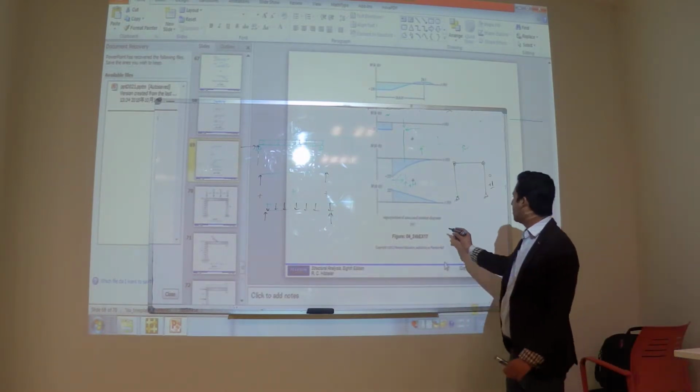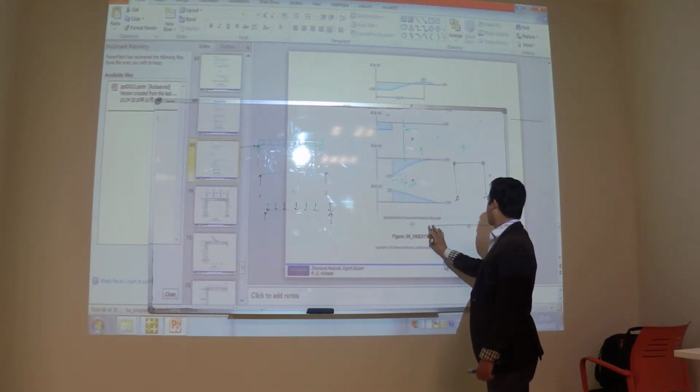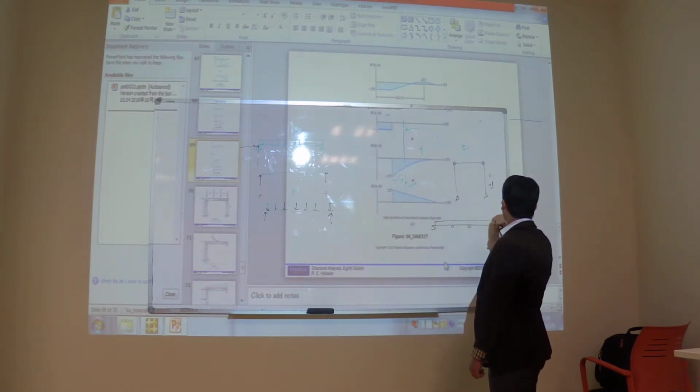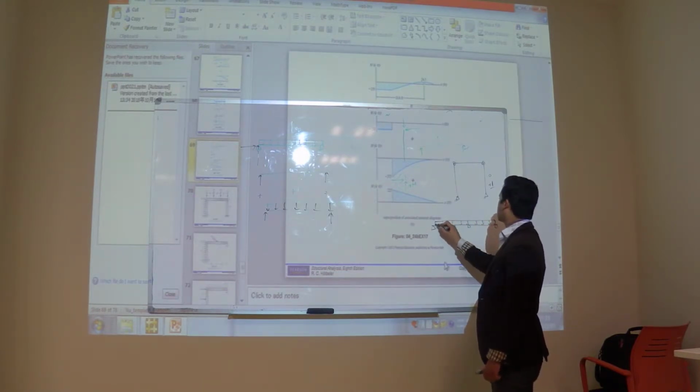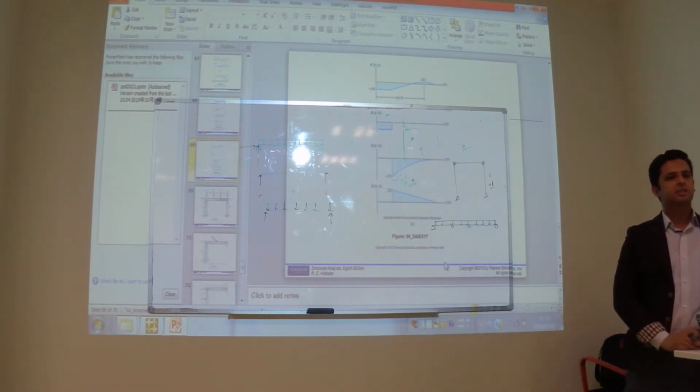Similarly, for example, if you have a beam, let's talk about this beam, with one roller and a UDL on this beam. How many reactions? 5. How do we find these reactions?